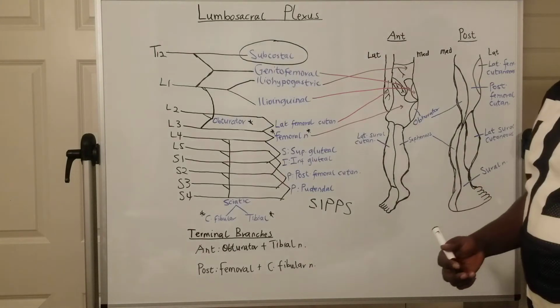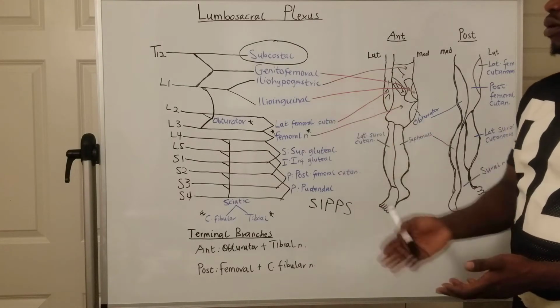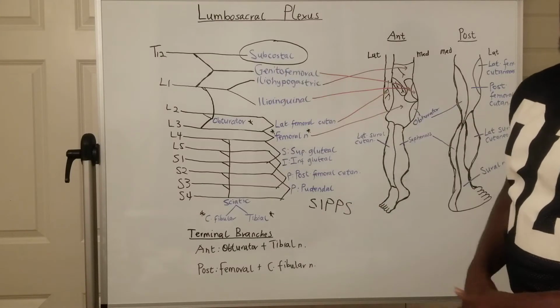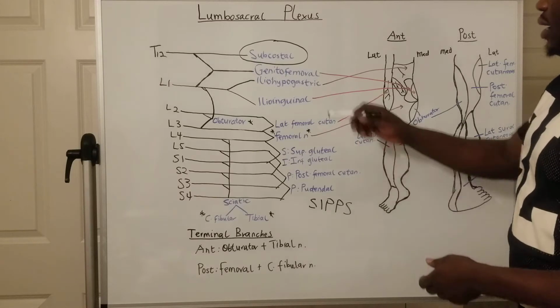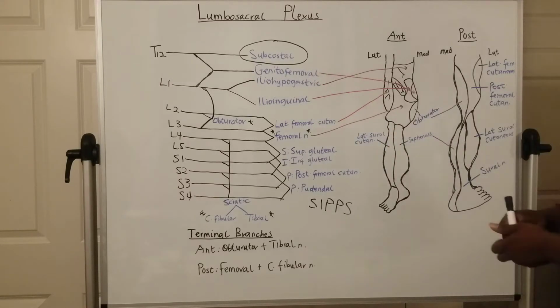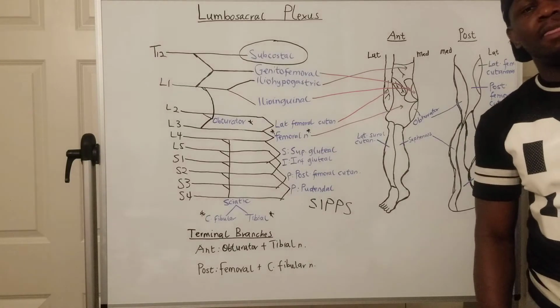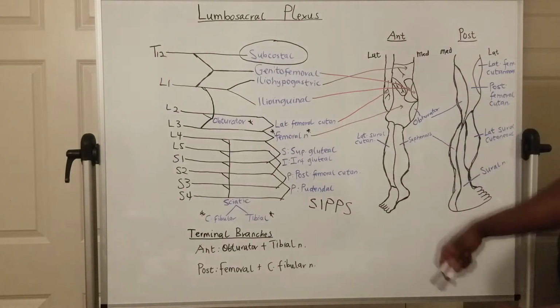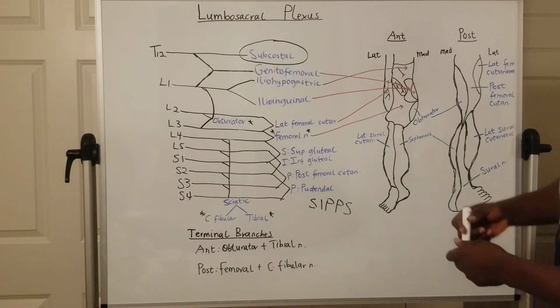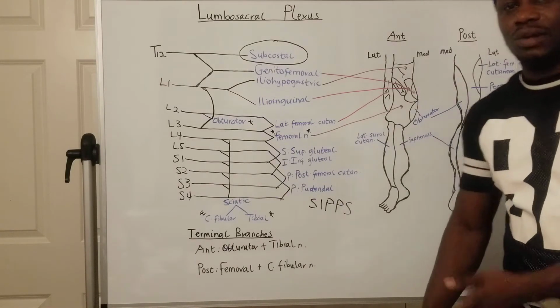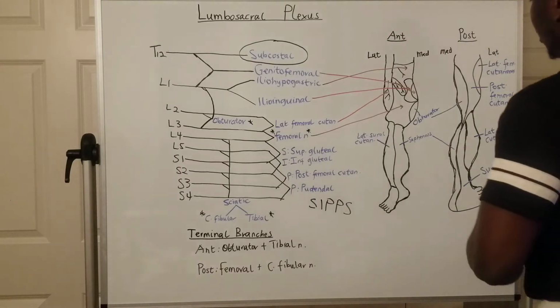And we have the labia majora, which is a genital, which can be supplied by the genitofemoral. The femoral part provides sensation to the anteromedial part of the thigh region. So the genitofemoral nerve provides sensation to the anteromedial side of the thigh and also the genital area.